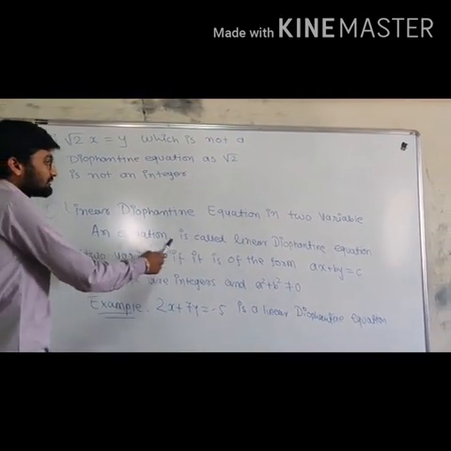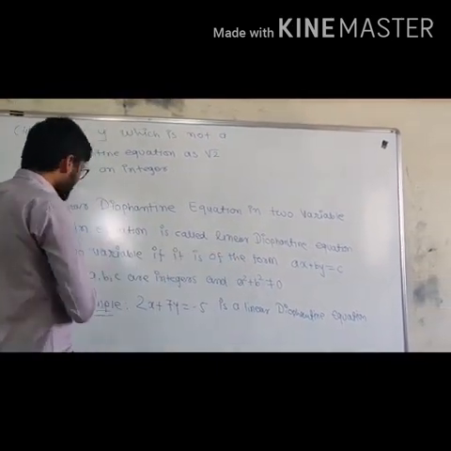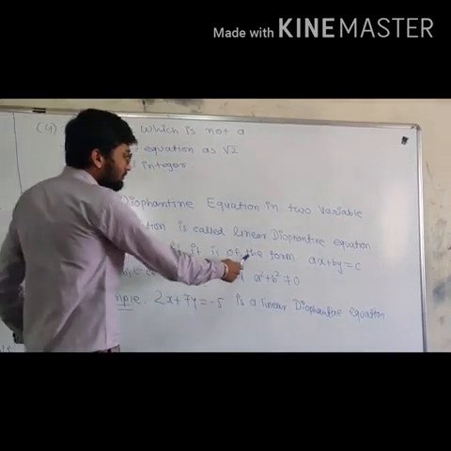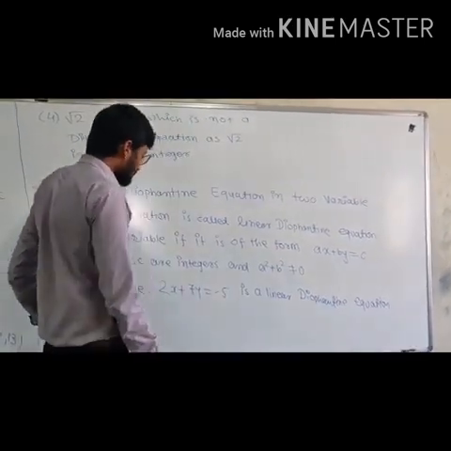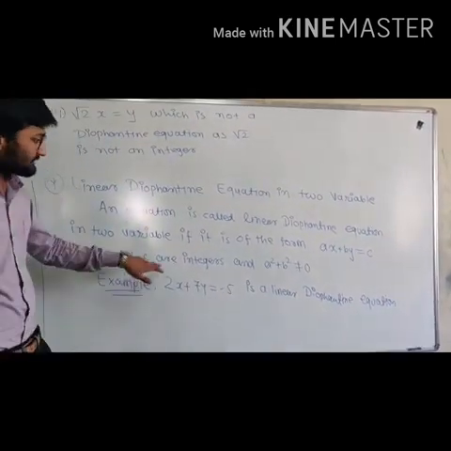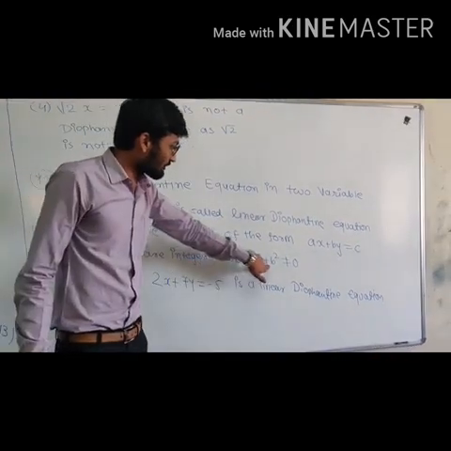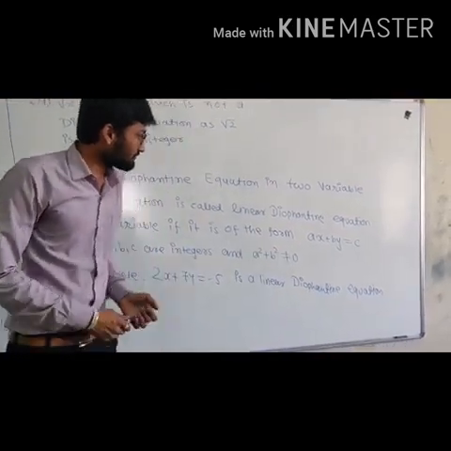An equation is called a linear Diophantine equation in two variables if it is of the form ax plus by equal to c, where a, b, c are integers, and a square plus b square not equal to 0.